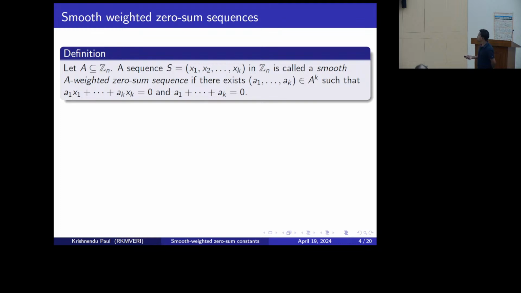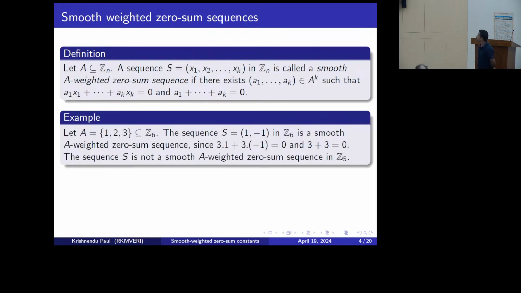So let us take an example. If we take the weight set {1, 2, 3}, a subset of Z6, and consider the sequence 1, -1, then it is clearly a smooth A-weighted zero sum sequence, as the ordered weight pair (3, 3) does the work: its sum is also 0 and it gives a weighted sum of the sequence that is also 0.